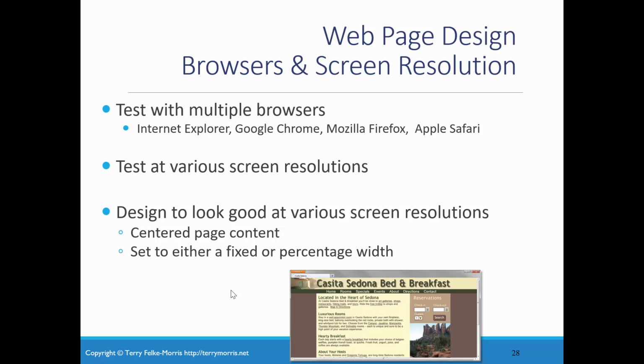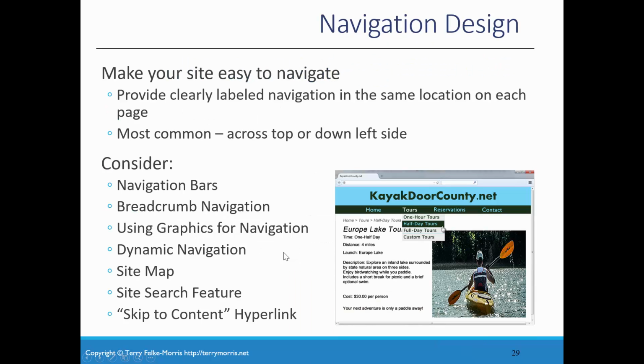Does it look good on a Linux box as opposed to a Unix, or as opposed to an Apple machine, as opposed to a Windows machine, etc. Design to look good at various screen resolutions. Use either a fixed width or a percentage width. We'll look at some of that in more depth in later chapters.